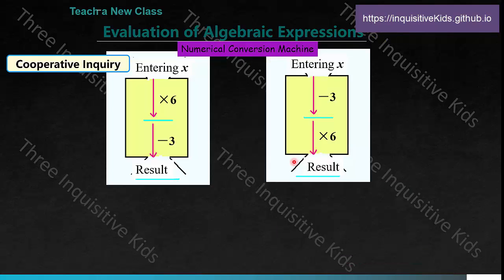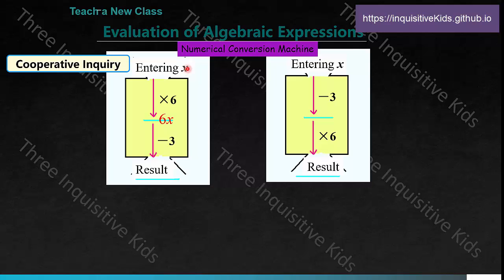Okay, so here is the first section of our class, the evaluation of algebraic expressions. So this is a numerical conversion machine, and over here it's entering x and then minus 3. There's the result. Over here it's entering x minus 3 times 6, result.